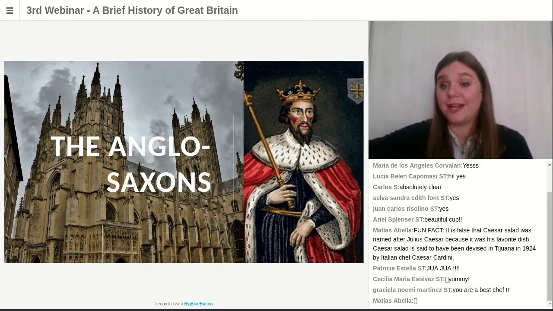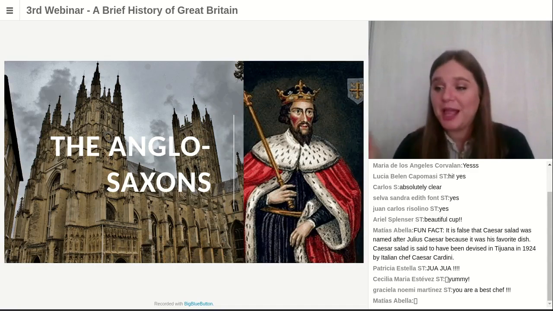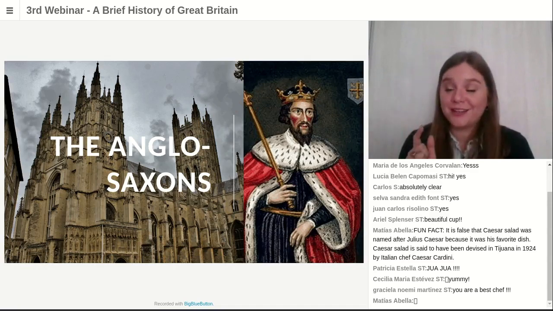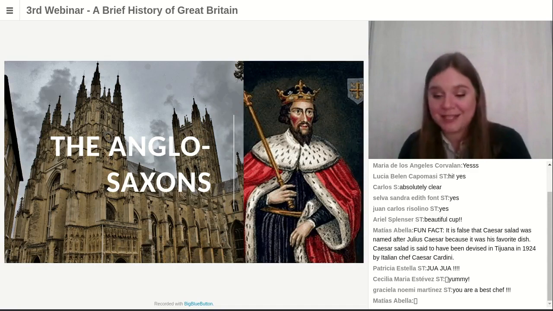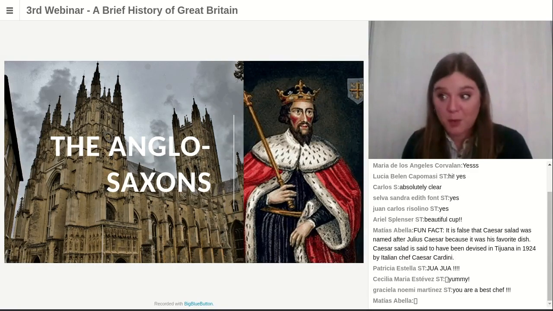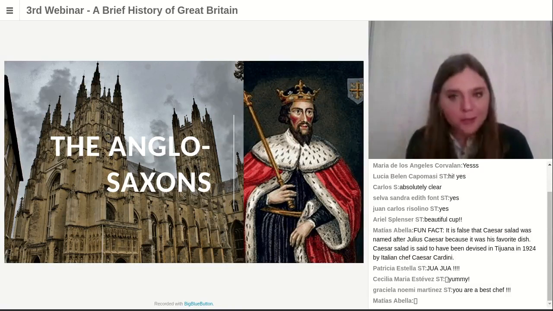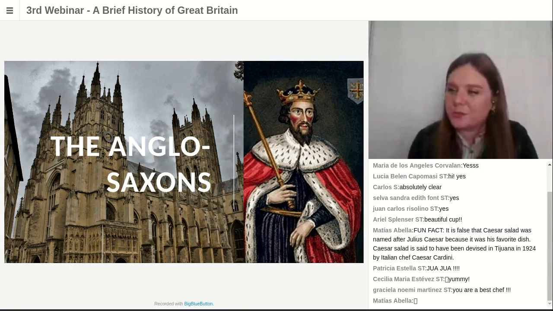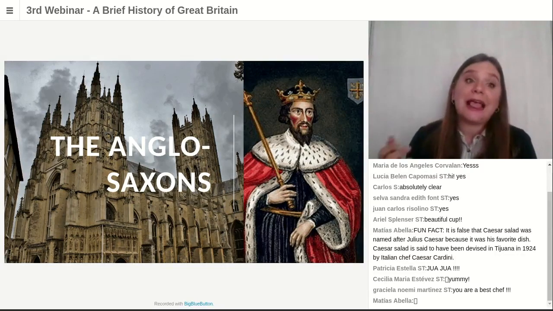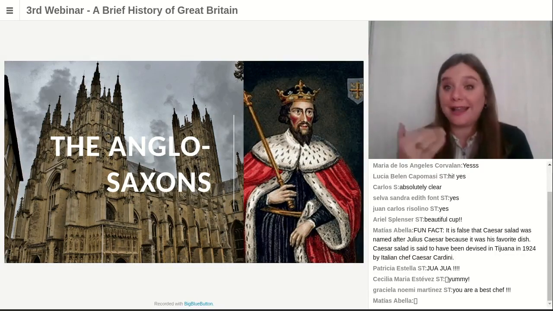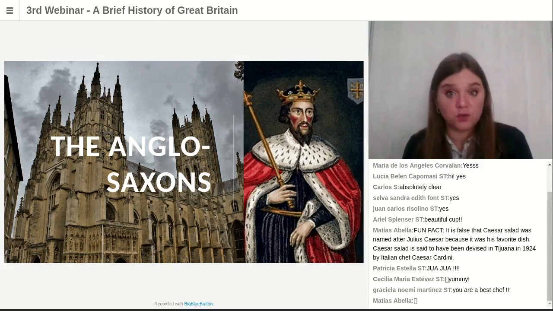All right. And here we move on to the group of people that were arriving at the same time that the Romans were leaving, the Anglo-Saxons. Technically, we call them the Anglo-Saxons, but they were more tribes of North Germanic origin that were getting to the Isles. The Anglo-Saxons and the Jutes.